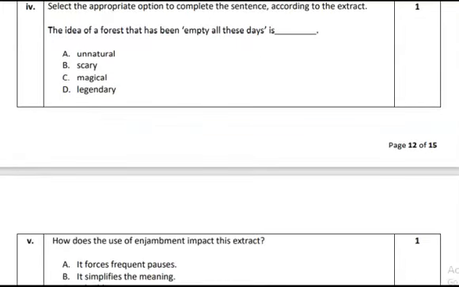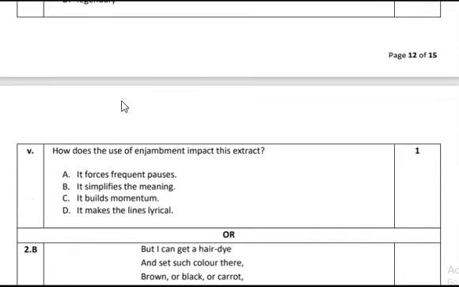Now look at question number 4. Select the appropriate option to complete the sentence according to the extract. The idea of a forest that has been empty all these days is what? It's unnatural. So it should be unnatural. Now look at the 5th question.